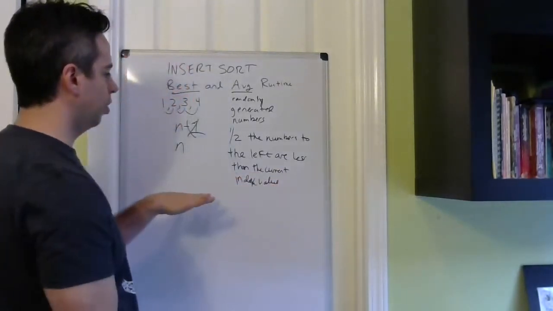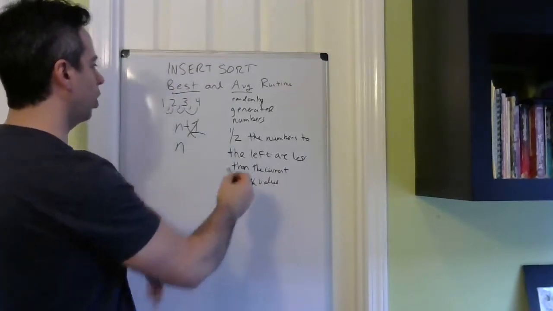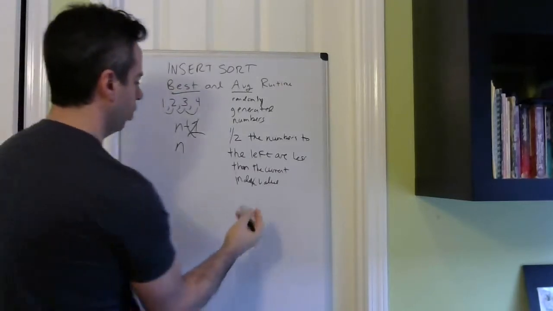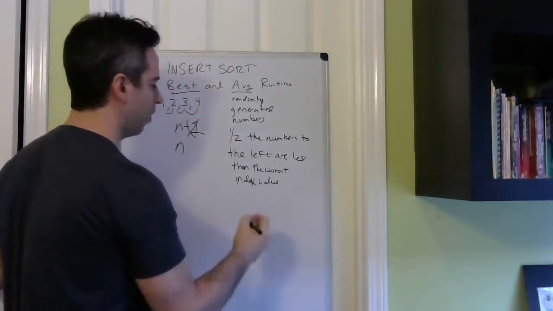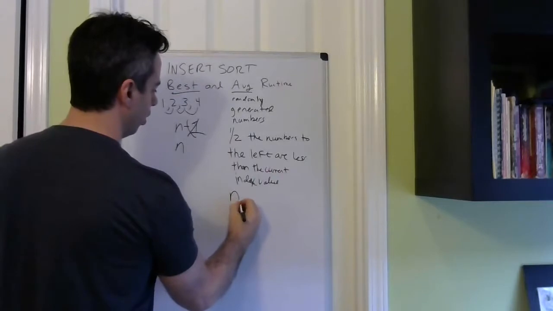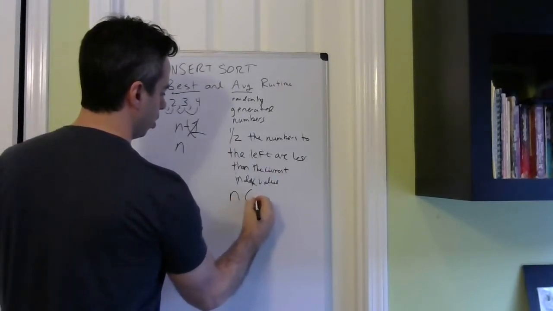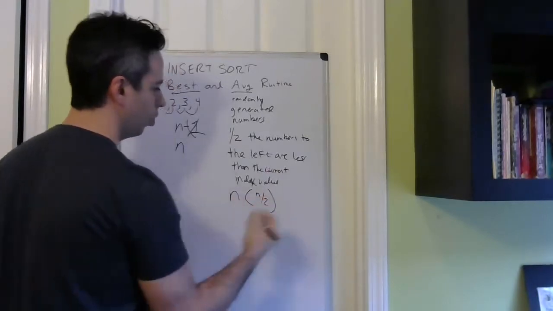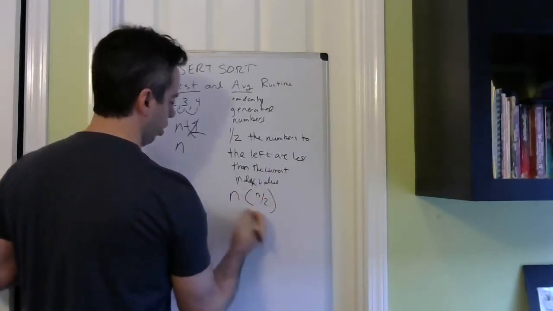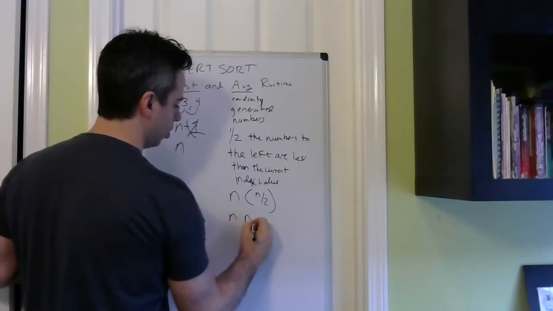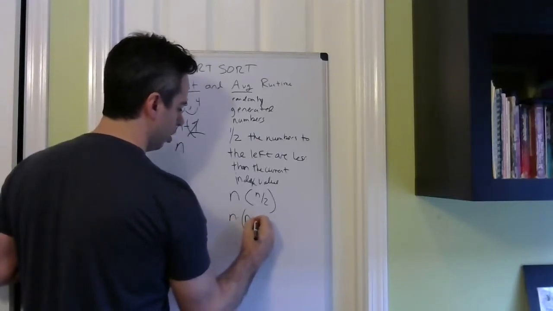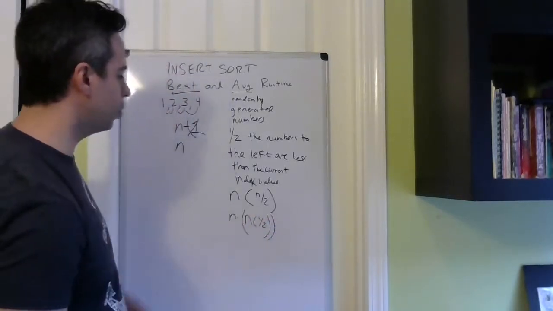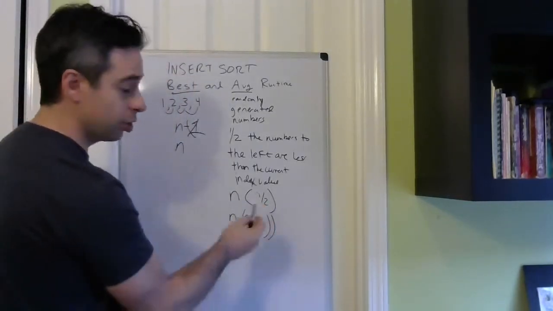Granted that you're only going to have to move, or swap, half the time. So that would be n times n over 2, or the same thing, n times n times a half.